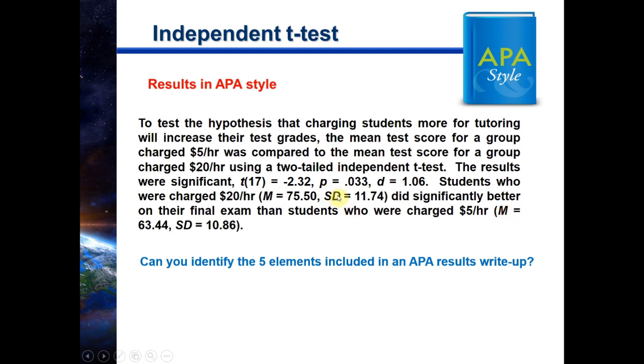And I embedded this within the 5th element, which is to explain things in plain, simple English. So students who were charged $20 an hour did significantly better on their final exam than students who were charged $5 an hour. Now, there's a bit of jargon here. I include the word significantly, but even grandma could understand that students who were charged more did better than students who were charged less. All right?